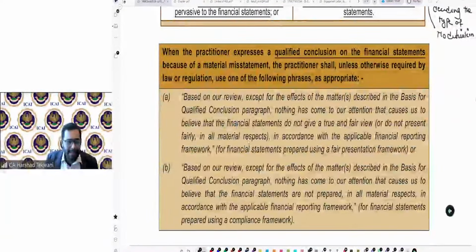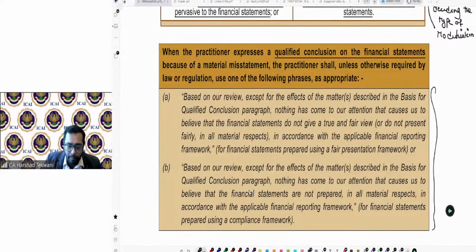And these are the paragraphs that are required to be included. Now, this is for the qualified conclusion.